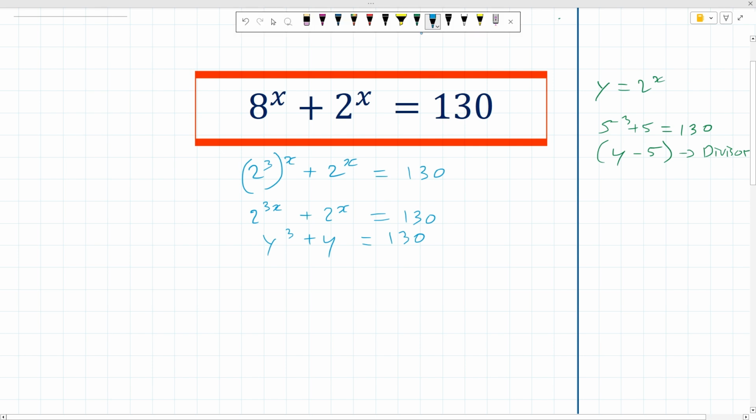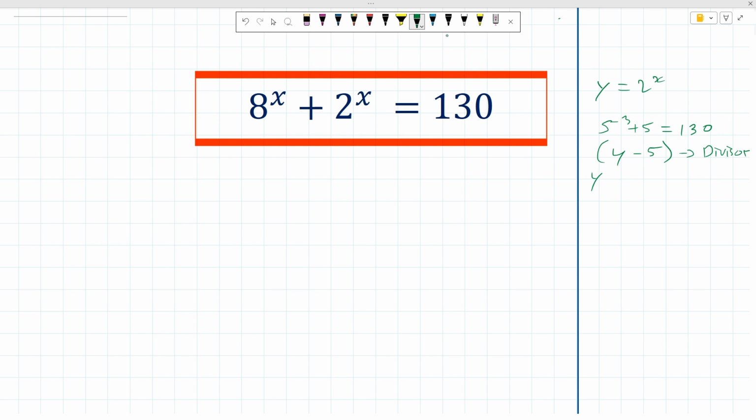Using that fact, we can rearrange the expression as y cubed plus y minus 130 equals 0, and look to do what is called a long division or polynomial division. So I'll put this expression on the side here, y cubed plus y minus 130 equals 0, and we're going to try and solve this cubic. Now let's remember that cubic equations must have 3 solutions in the real or in the complex numbers, so let's see what we find out.